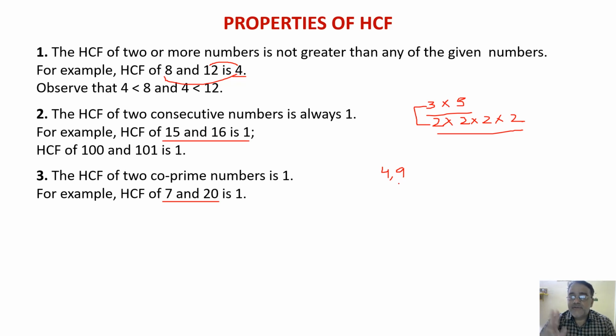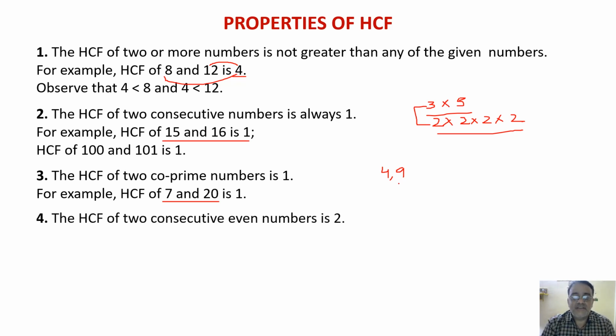Now the HCF of two consecutive even numbers is 2. You can take any example. Suppose I am taking 16 and 18. 16 we can write as 2 into 2 into 2 into 2, and 18 we can write as 2 into 3 into 3.